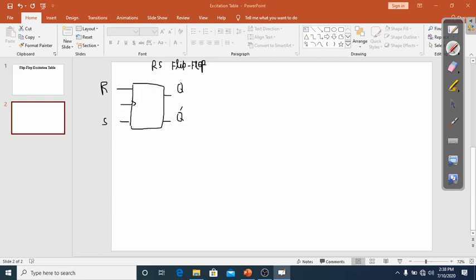Now the truth table is: we have a present state, Q of t, and it has 2 inputs, set and reset, and the next state is Q of t plus 1.